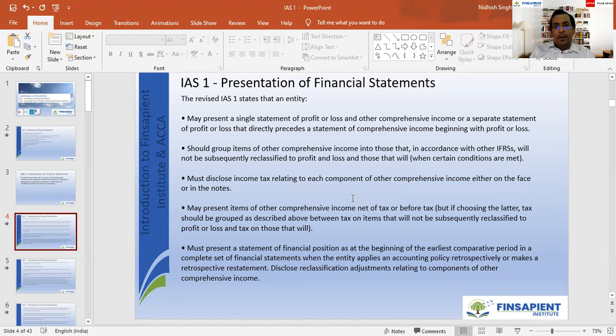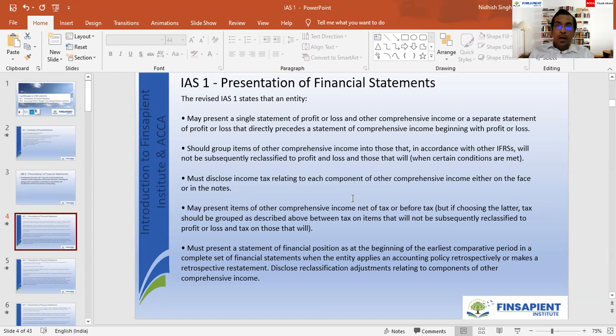There is also a requirement for grouping in the P&L, because in P&L you can group similar items. However, anything which is material and different in nature or in function should be classified separately. That should not be grouped. For example, cost of goods sold, or sales and marketing, or administration are by nature separate items, and they should never be clubbed together, even if they are small.